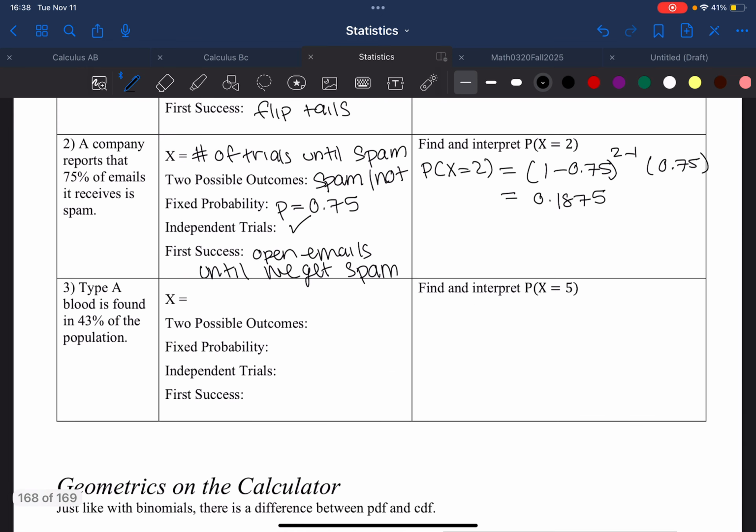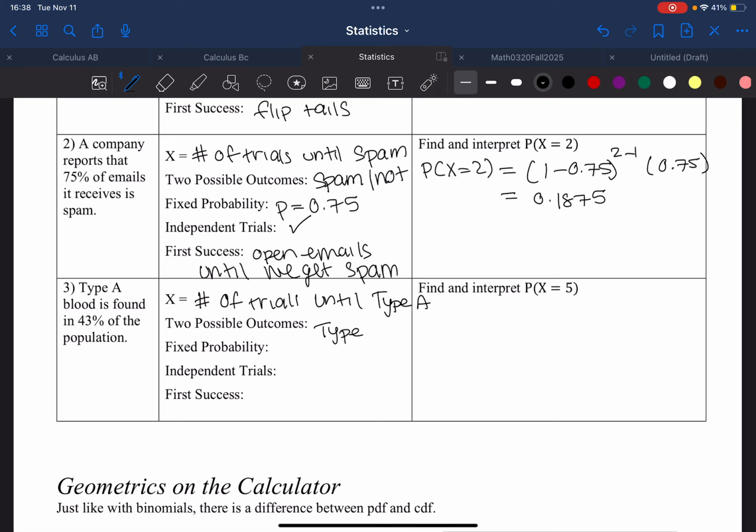Okay, number 3 says type A blood is found in 43% of its population. X represents the number of trials until type A. So that means until we get a type A blood type that is found. We have two possible outcomes.